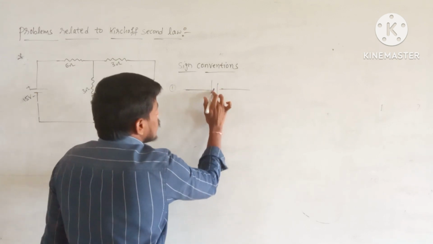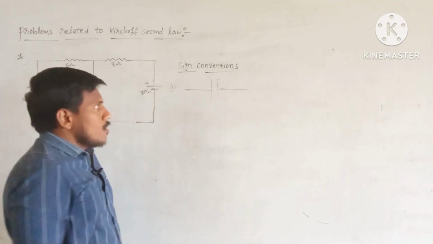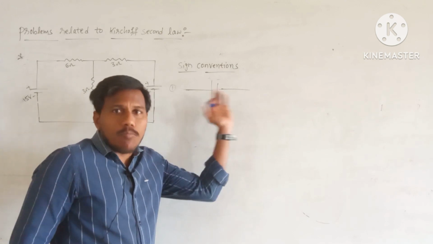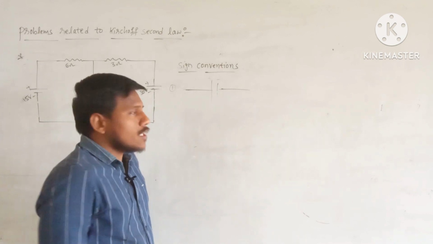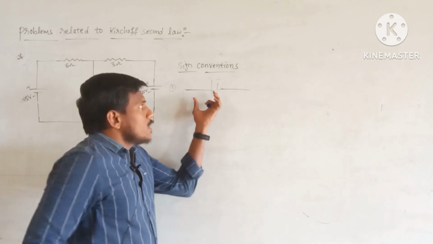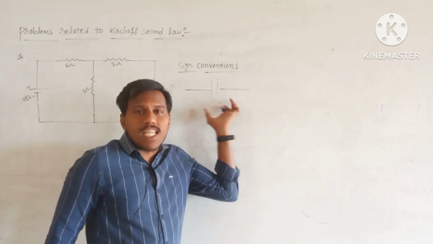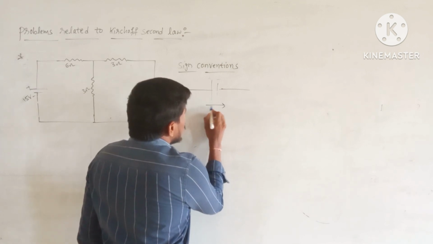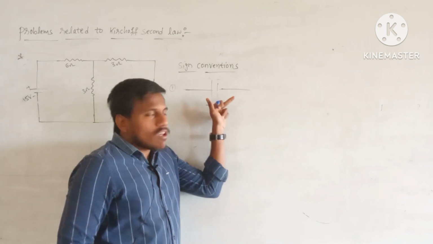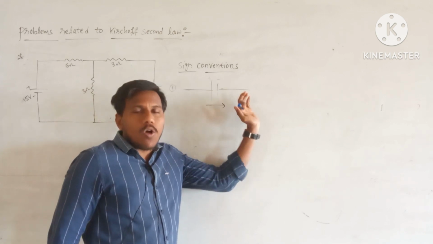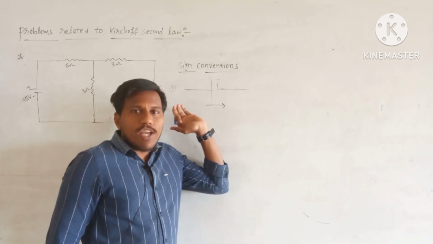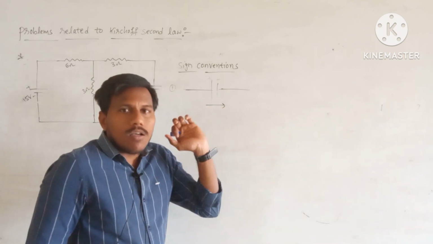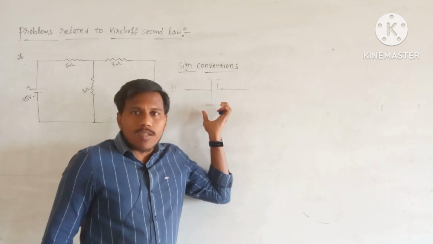See, when we move across the cell from positive terminal to negative terminal, that time the potential difference across the cell can be taken as negative. So when we move across the cell from positive terminal to negative terminal, what sign are we taking?